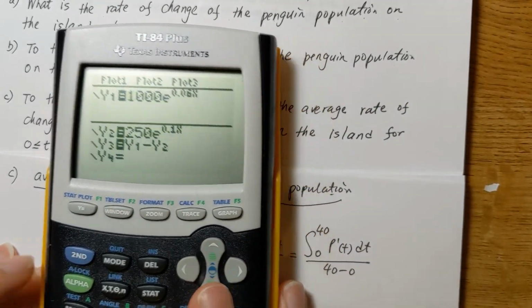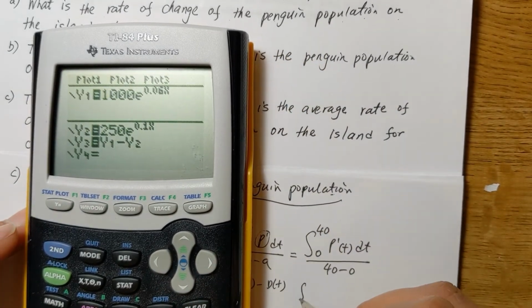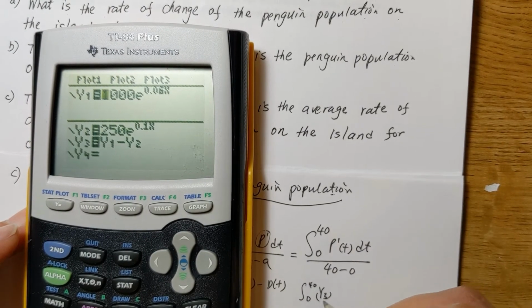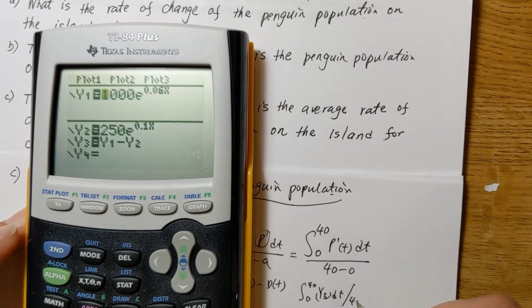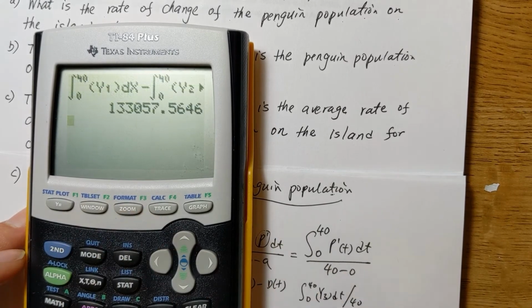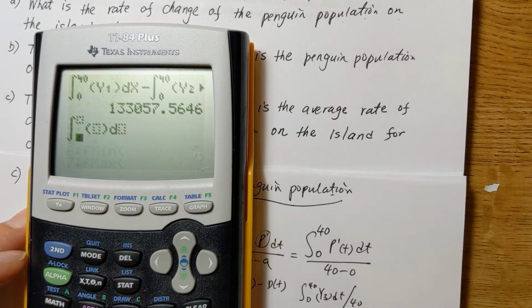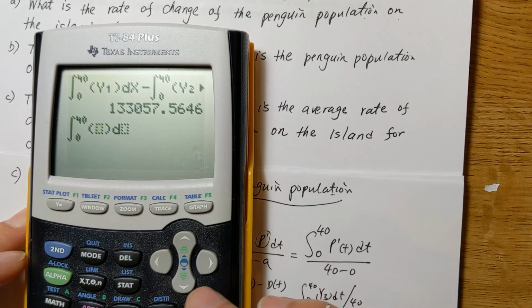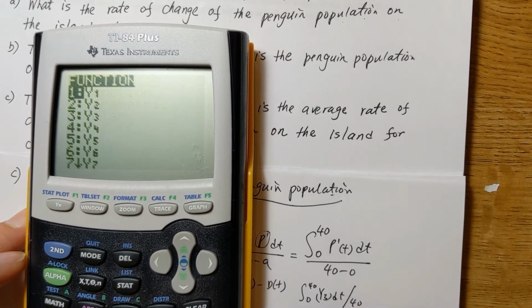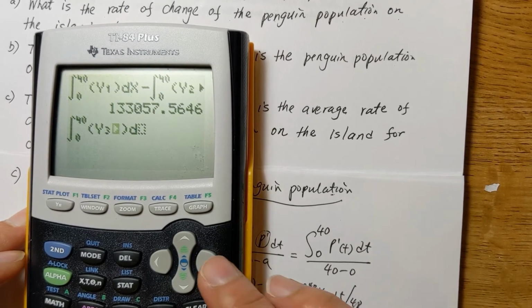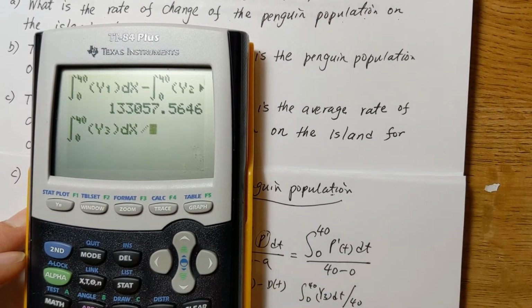So now we just have to do the integral from 0 to 40 of y3 dt, and then divide by 40. So now we do math 9, 0 to 40, and our y3 is going to be b of t minus d of t, the rate in minus rate out. And divide by 40.